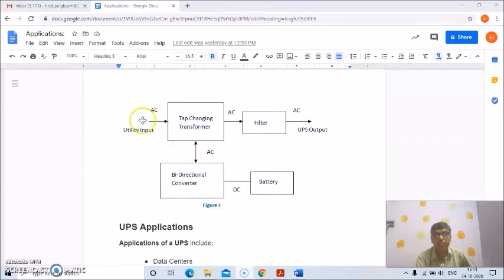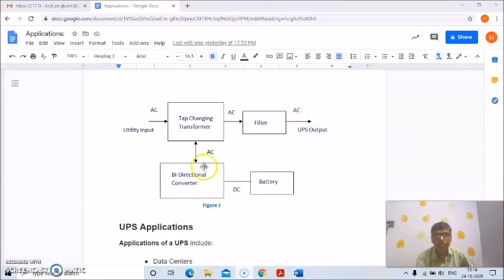The block diagram is like this. This is the AC utility input, and this is the tap changing transformer. The required AC voltage will be given, it will be filtered, and then it will be the UPS output.